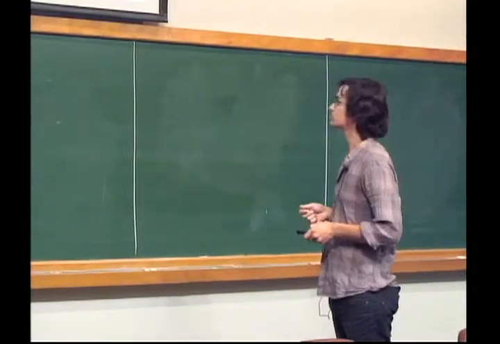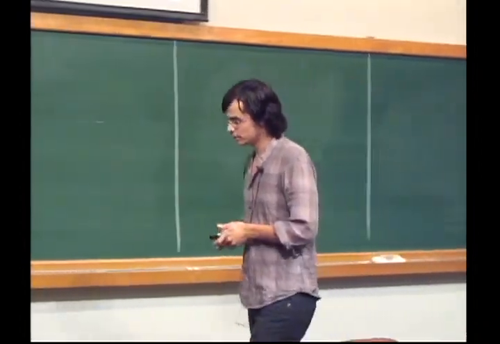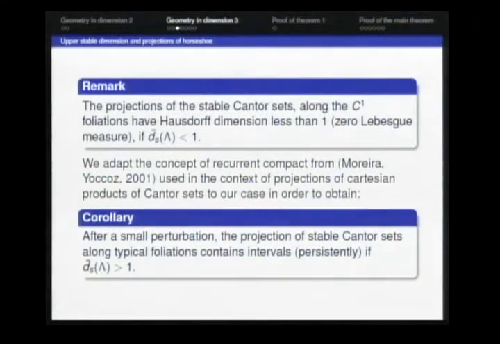And so, this is a consequence of our work. So in order to talk about our main work, we must introduce a concept, which is in fact an adaptation of this same concept from a work by Gugu and Yoccoz, and which is the concept of recurrent compact set.